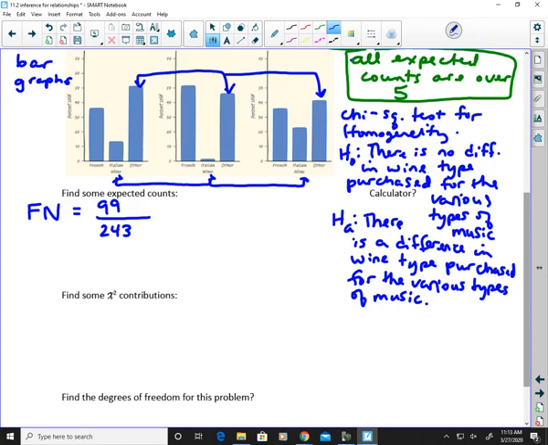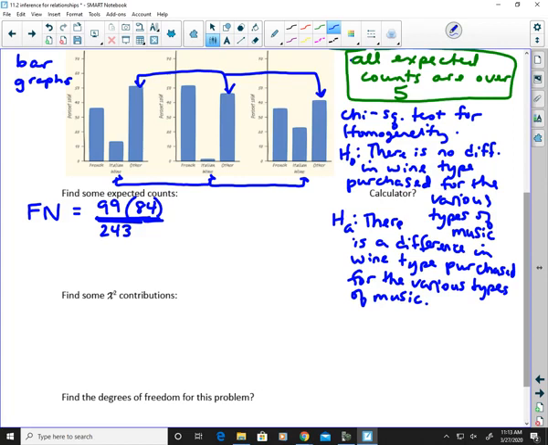You expect 113 out of 243 to be other. Now, if I know what this number, 99 out of 243, is as a percentage, I then multiply it by the 84 to see what percentage of the 84 do I expect to show up in French no music.